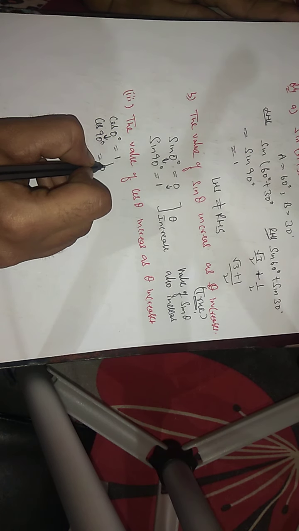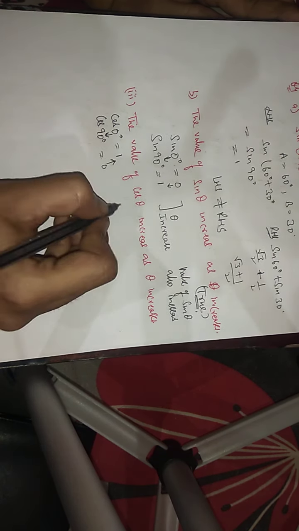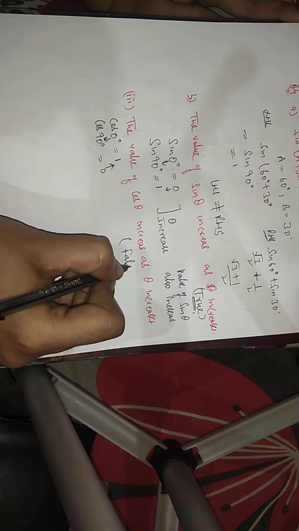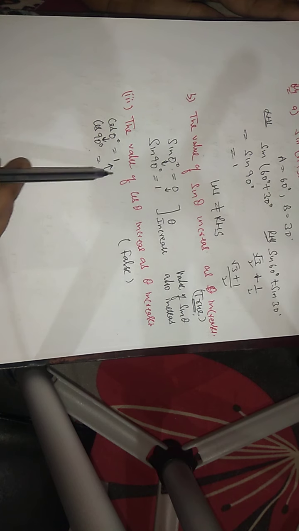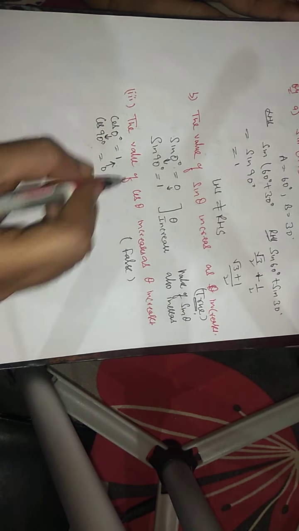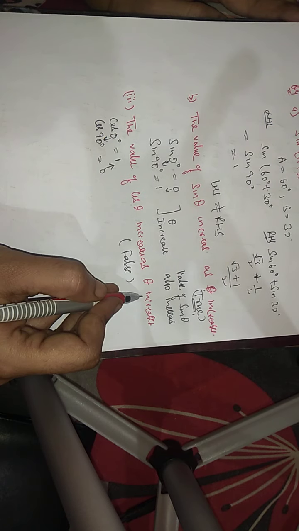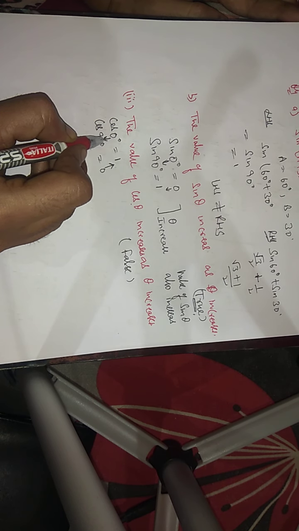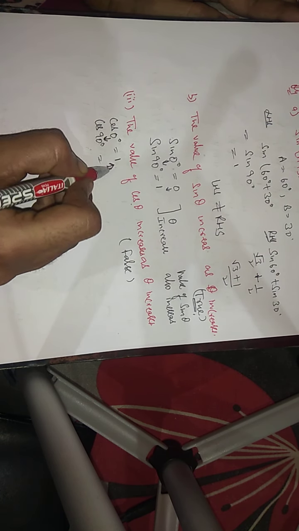So theta is increasing, but value is decreasing. So it is a false statement, because as the theta is increasing, the value of cos is decreasing from 1 to 0. So this is a false statement, because here we are asked that the value of cos theta increases as theta increases, but we observe that when the theta is increasing, the value of cos is decreasing.